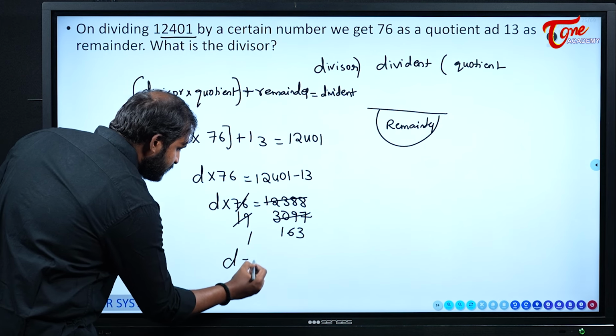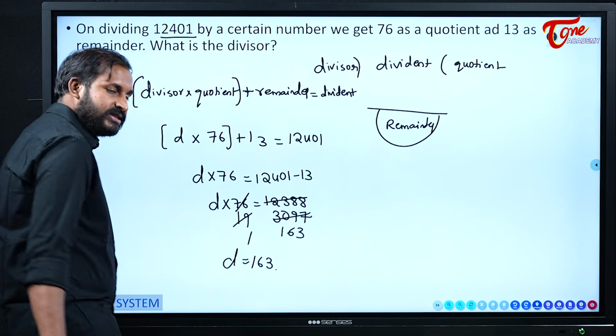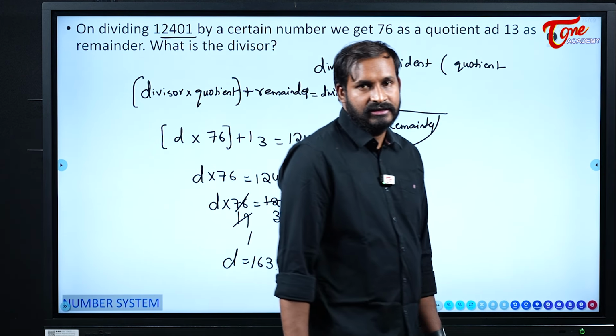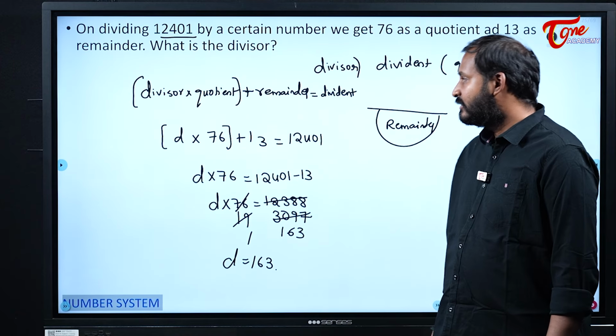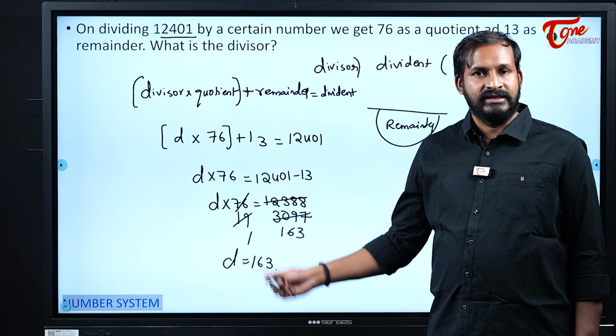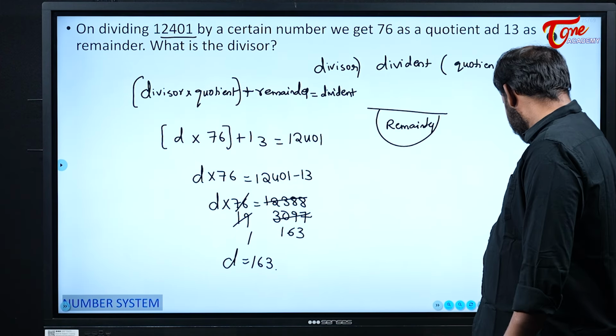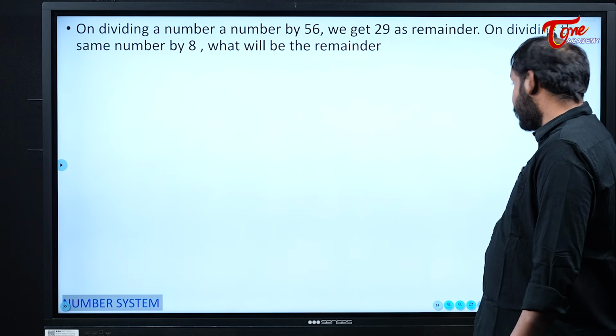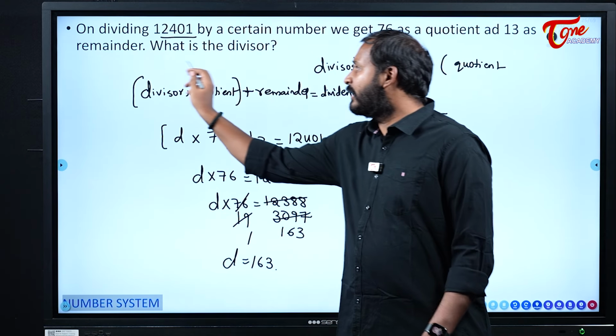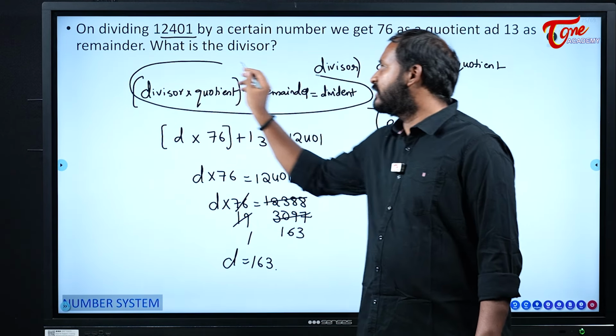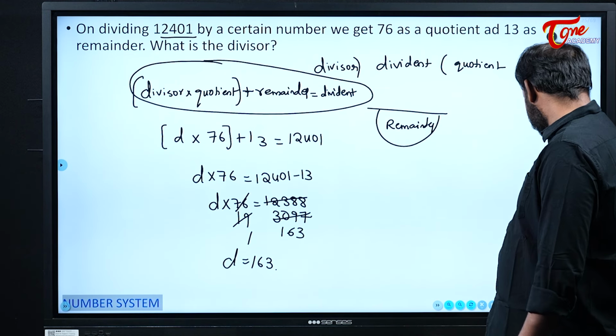So what is my divisor here? 163. 163 is my divisor here. In this manner we will find the answer for these questions. This relation is very, very important here. We already know it, but we will use this relation to get the answer for this type of questions.